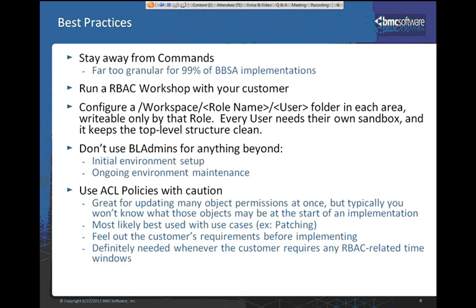Theoretically, if you had a patching ACL policy tied to all the related objects, and you had a new role that you wanted to grant access to do patching, then instead of having to go to each of those individual objects, you could just go to your patching ACL policy and give the patching ability to this new role that you defined.